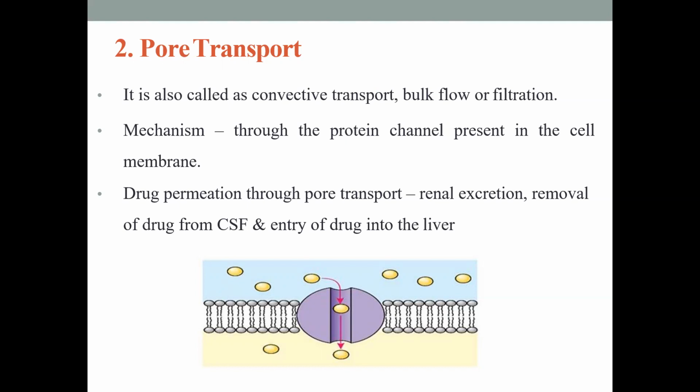Drug permeation through pore transport occurs in renal excretion, removal of a drug from cerebrospinal fluid and entry of a drug into the liver. For example, chain-like or linear compounds having a molecular weight up to 400 daltons can be filtered or absorbed by this mechanism, called pore transport.